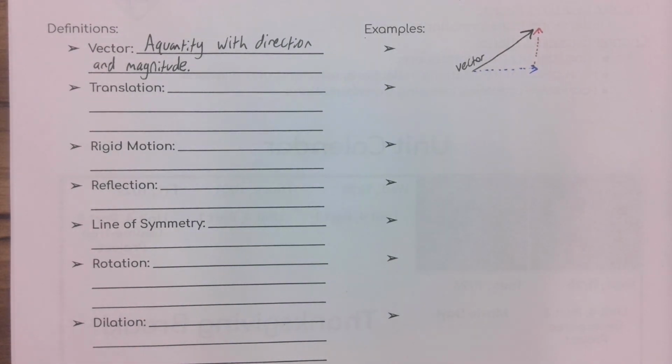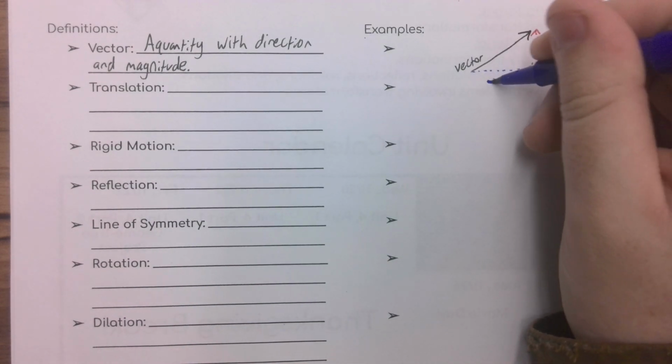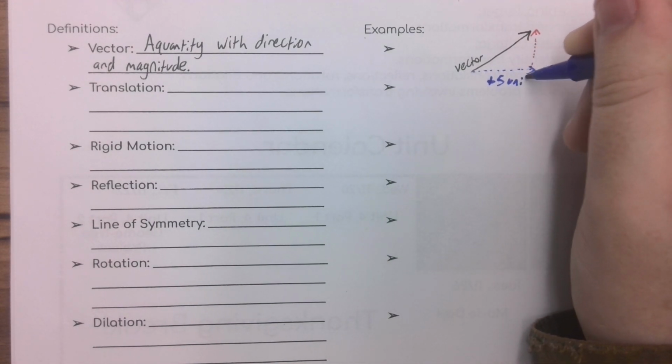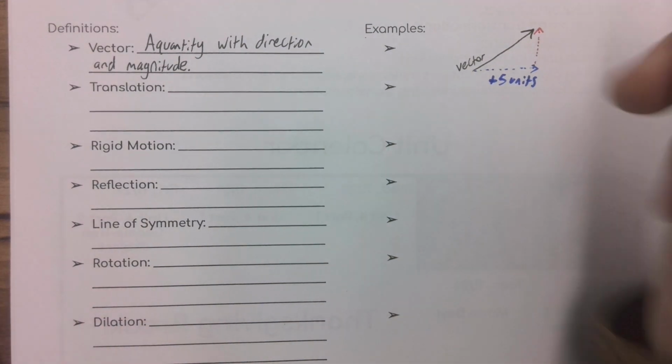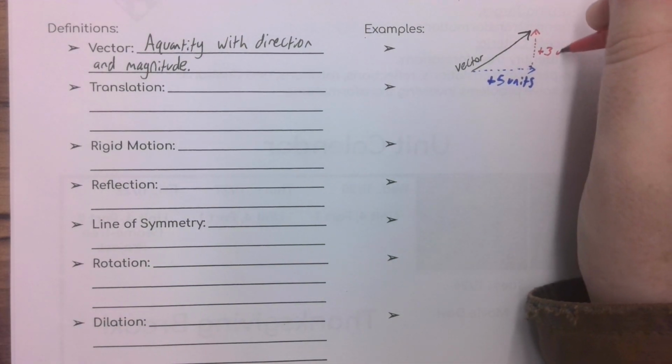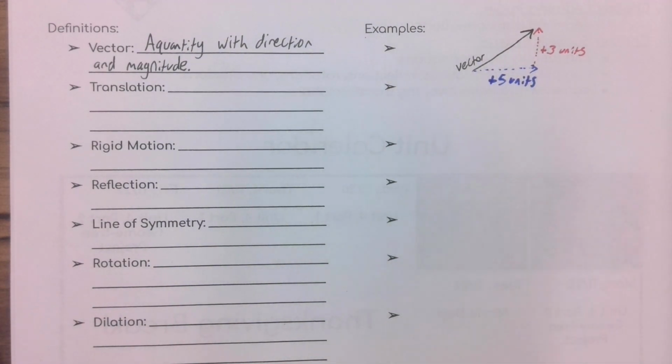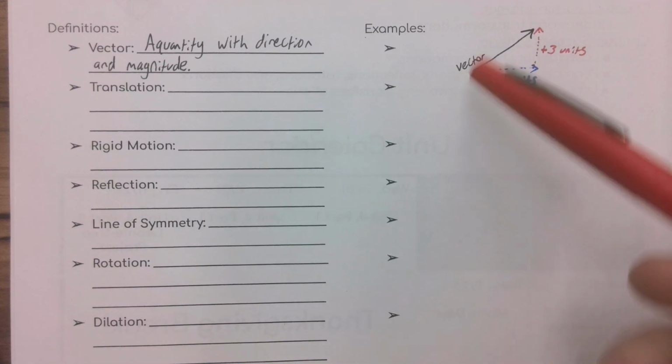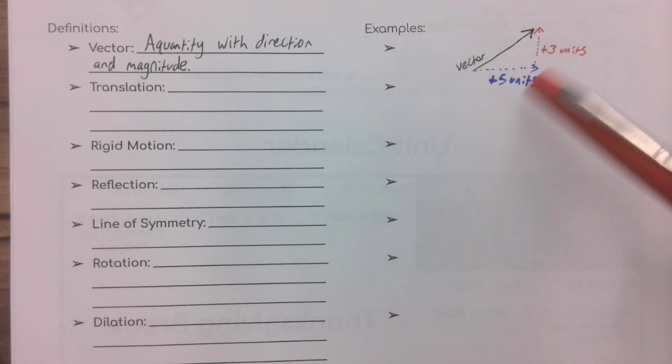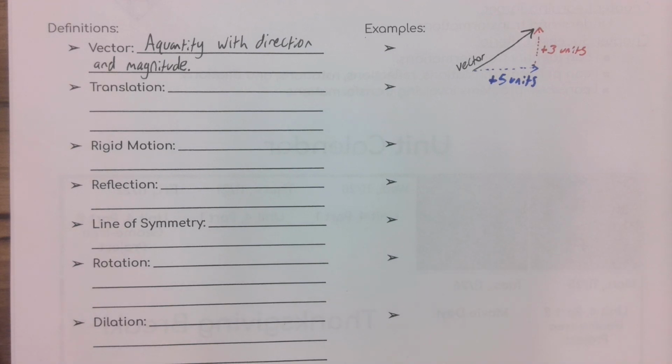These are called the components of a vector. So let's pretend for a second that we went 5 units to the right and 3 units up. Our vector would be going in the upright direction, and would have a magnitude of 5 units to the right and 3 units up.